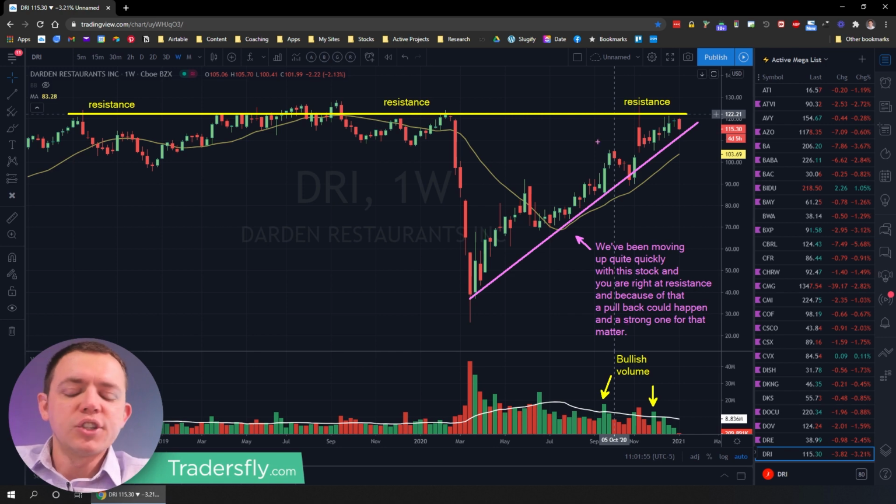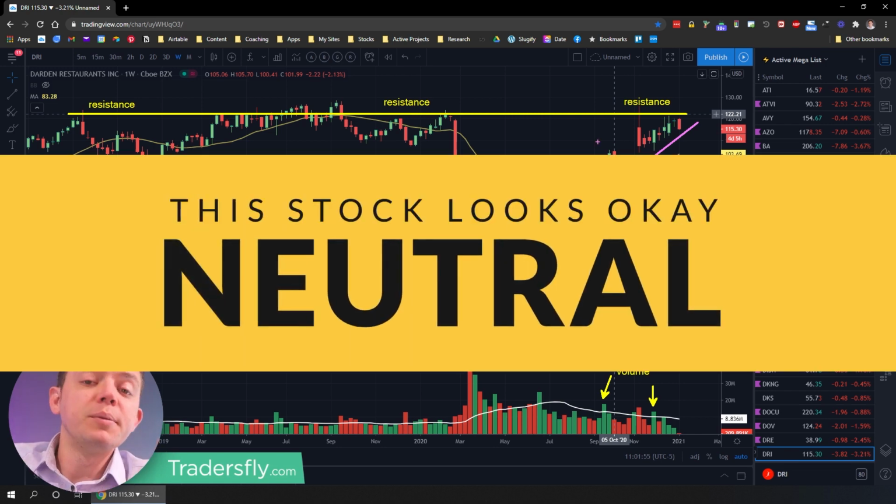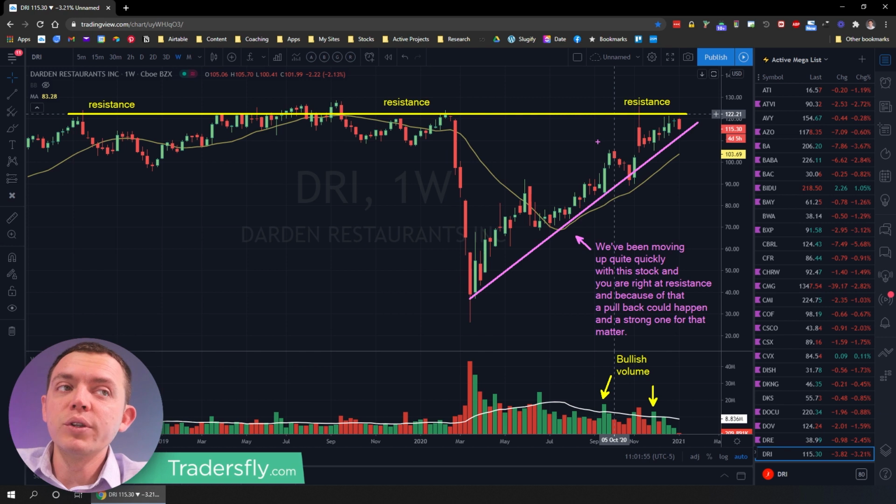So that's what I'd be concerned about. So I am neutral on it, even though it's been pushing higher. If it does break past that 125 level, that could be good, but right now this could be a little bit of an issue. So hey, be a little bit careful. Most of the market's been pressing higher, but be careful here as you're right at resistance.